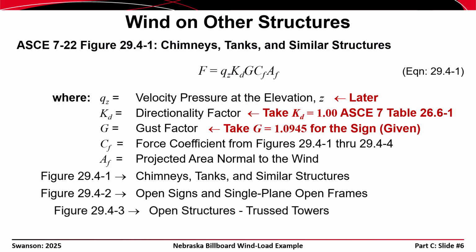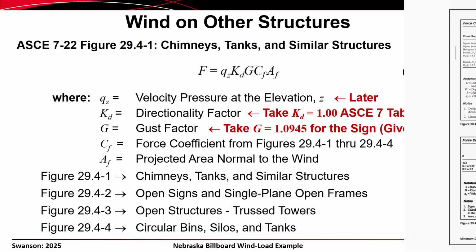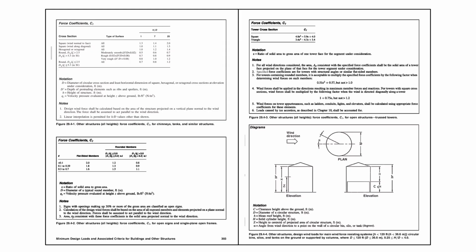To determine the force coefficient, we'll refer to figures 29.4-1 through 29.4-4 of ASCE 7. As you can see here, each of those four figures addresses a similar but slightly different type of structure. Figure 29.4-1, shown in the upper left, addresses chimneys, tanks, and similar structures. Figure 29.4-2, shown in the lower left, addresses open signs and single-plane open frames.